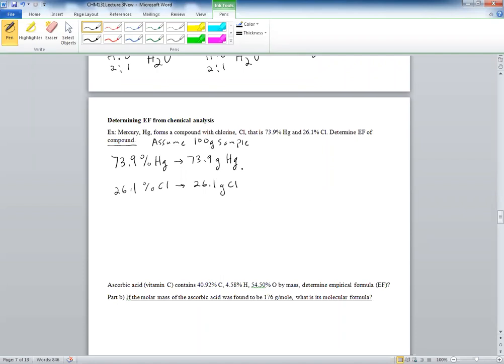So mercury, in this case, has the larger mass, and chlorine is less. So the next thing you have to do is convert to moles, because the mass doesn't tell us much about how many atoms. So we have to convert to moles. So the next thing you want to do is convert the grams of Hg to moles. So here we go. We did that previously, where we went from grams to moles.